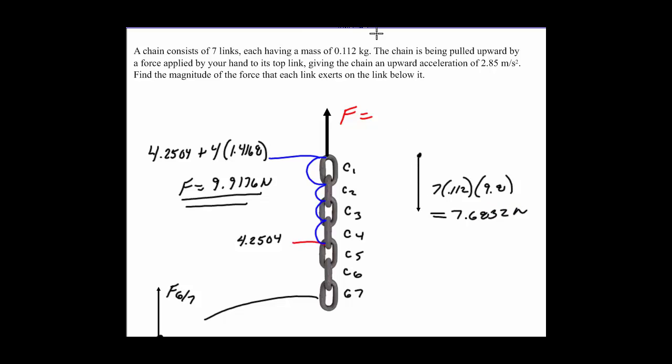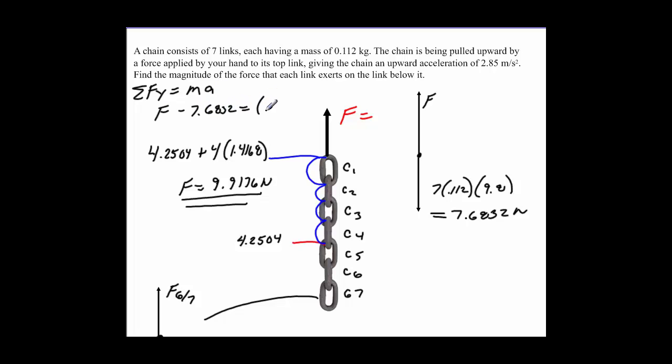We'll have a force coming back up, which has to be greater than that because we have acceleration. Using Newton's law, the summation of forces in y must equal mass times acceleration. We have the force F minus the 7.6832.